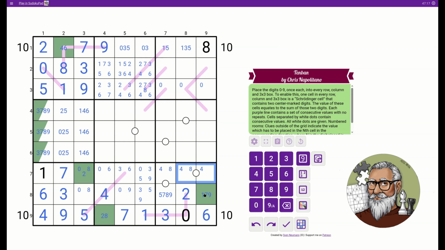And 1-9 would be okay. 8-7-1-9. We just can't have 8-9. That's not enough, is it? To eliminate anything, I mean.